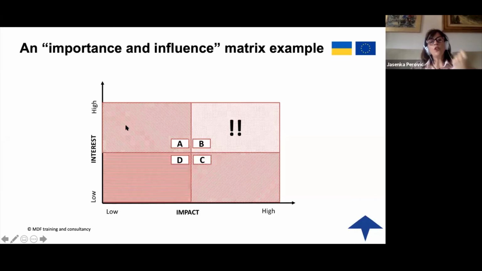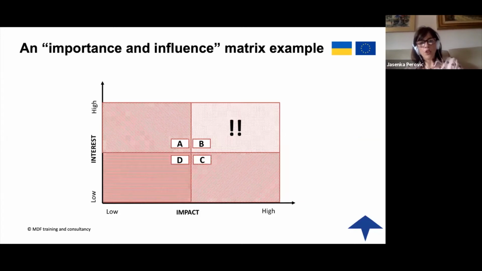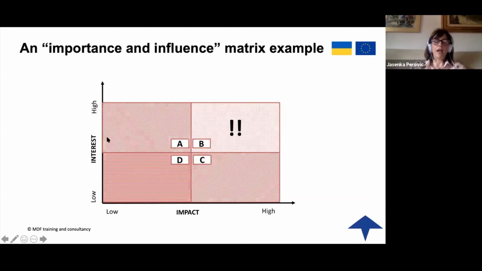But it is not enough only to place them. You have to understand what you can do during the preparation of the concept note and during the implementation, depending on their position. Of course, if they have a high impact and high interest, they should be either your co-applicants, or you should closely work with them. If they have the low impact and high interest, yes, you will easily create partnership with these stakeholders, but they can really not help you a lot during the implementation of your project.